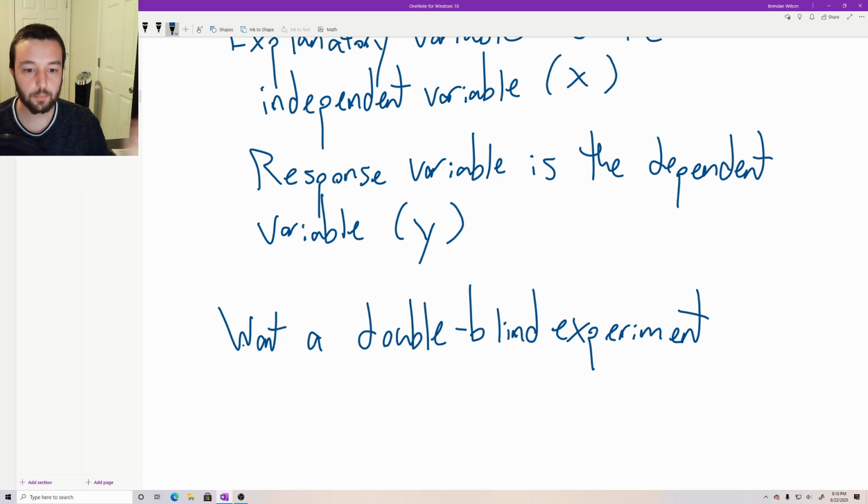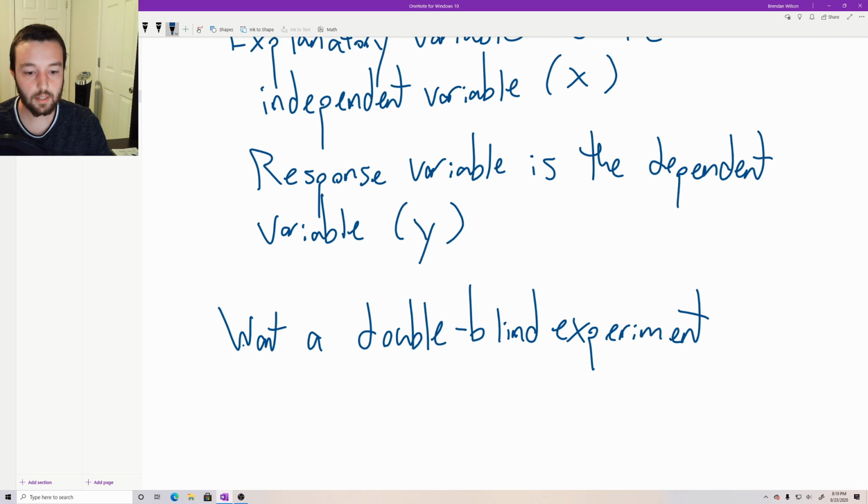So you have your treatment group and your control group. In a double-blind study, neither group knows which one they are getting, and the person administering it also doesn't know what they are giving. Okay. Only the researchers know, and they distribute it to the nurses or whoever are administering it.